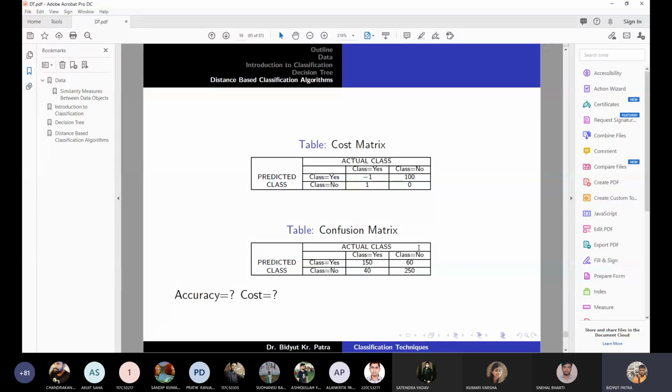Similarly, B will be the positive class and A and C negative, and C will be the positive class and A and B negative. In that scenario your confusion matrix will be different. It will have 3 rows and 3 columns. The diagonal elements will give you the true positives, and the rest are the errors.